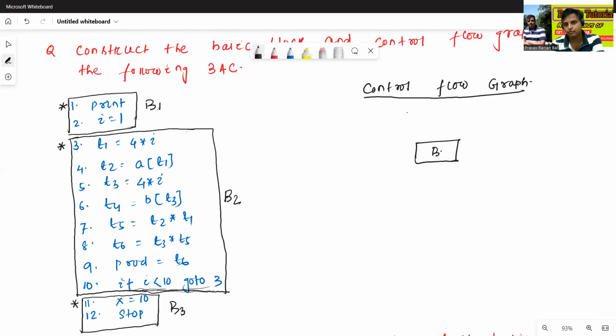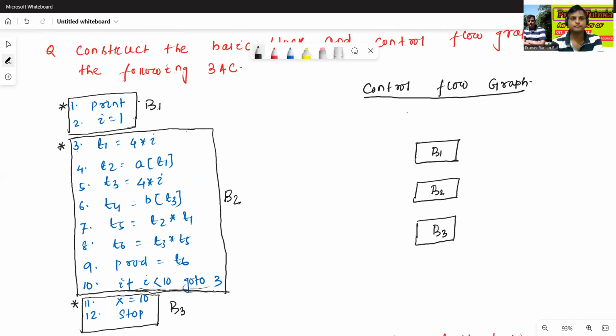This is basic block 1, basic block 2, this is basic block 3. Now these are my nodes. In general, there are 3 nodes here. Nodes means what? 3 basic blocks. Okay, now we'll do the edges.